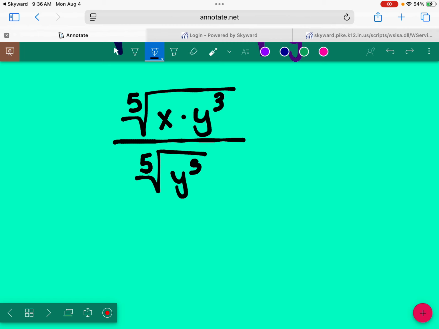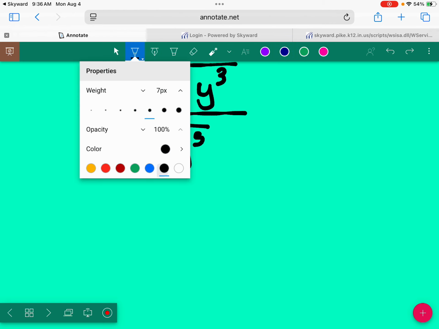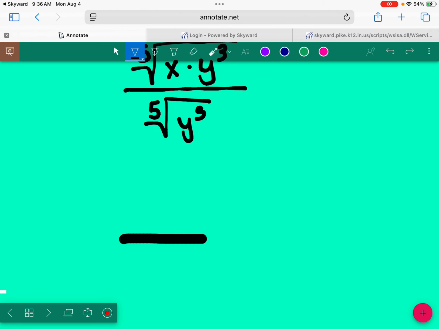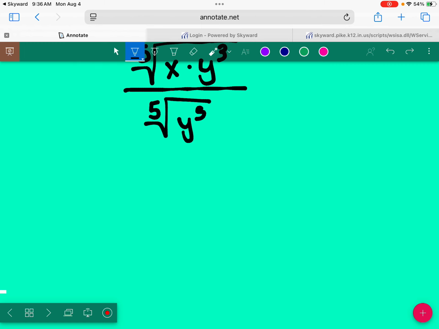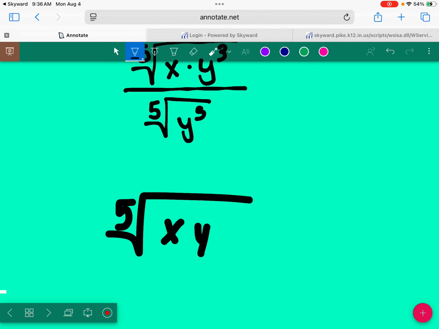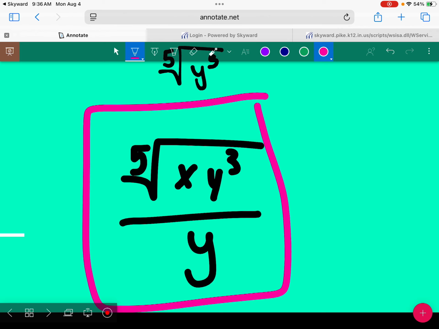If you can do that jump, I am okay with you making that jump and not writing the step down. Okay? So our final answer on this is going to be our fraction that has the fifth root of xy cubed over y. And that's our answer.